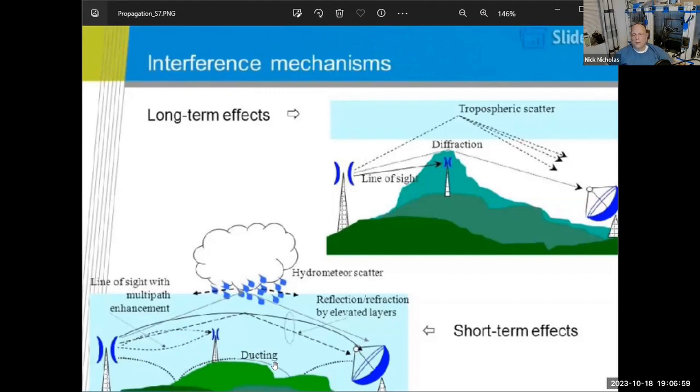Hot air and cold air, one goes below the other. In other words, the hot air gets below the cold, which gets below the hot, and it forms a duct of differential air conditions. That permits radio waves to bounce up and down in that ductwork and travel long distances.